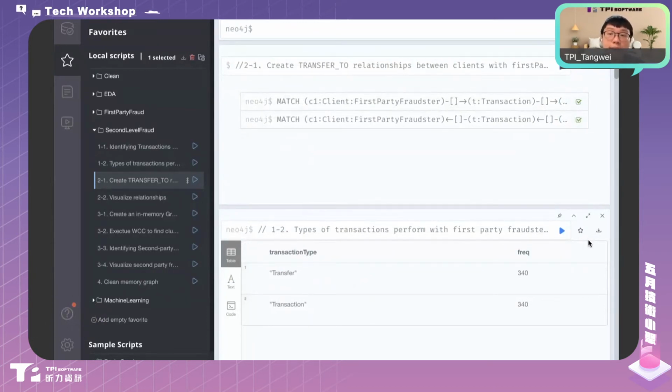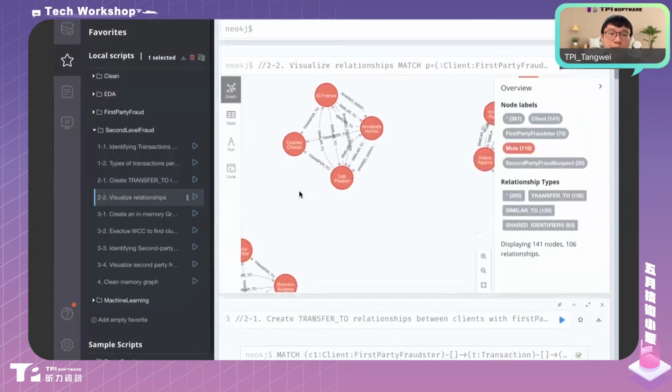So let's go ahead and add the total amount from all such transactions as a property on the transfer to relationship. So we create the transfer relationship between the clients with the first-party fraudsters. So we can visualize the relationship.